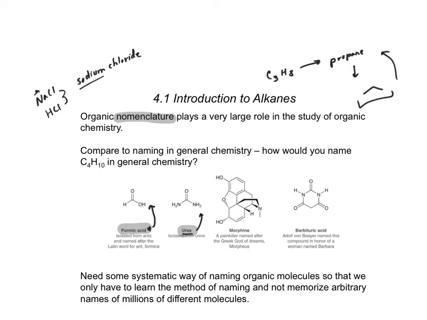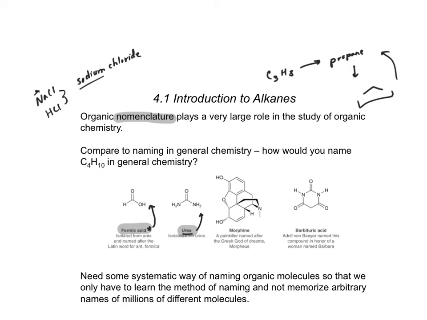If we did something like this for all of the compounds we ever had to deal with, we would have to memorize the structure of everything given a name, which would be a huge hassle and something nobody wants to deal with, right? So the purpose of all of these rules that we're going to learn is how we can easily utilize the same set of systematic rules to produce a name for a compound, so we don't have to memorize all the different compounds, okay?